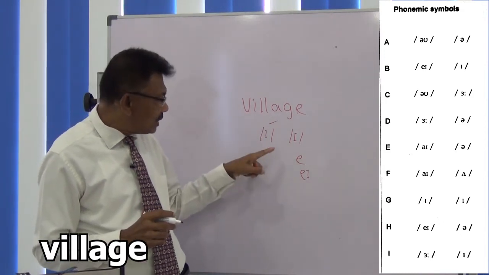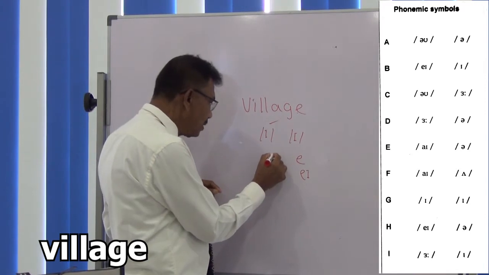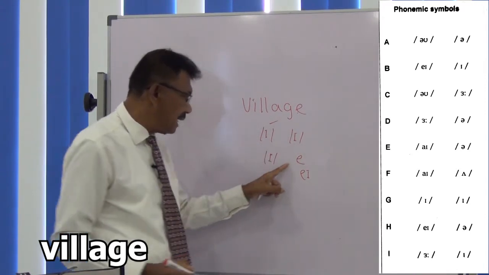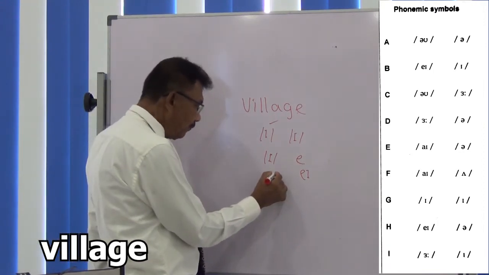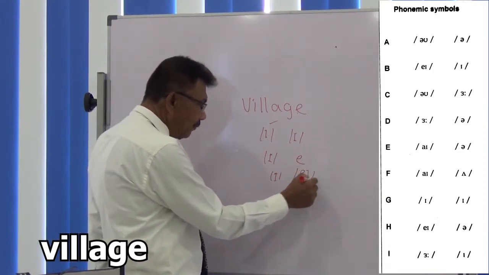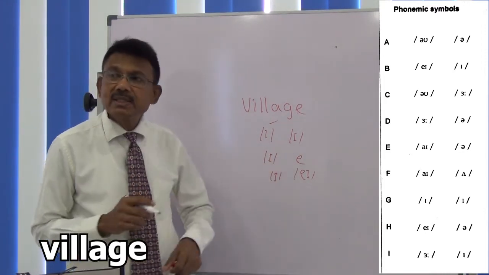If you use this pronunciation, it is this and this. But you have used this. This pronunciation is village.